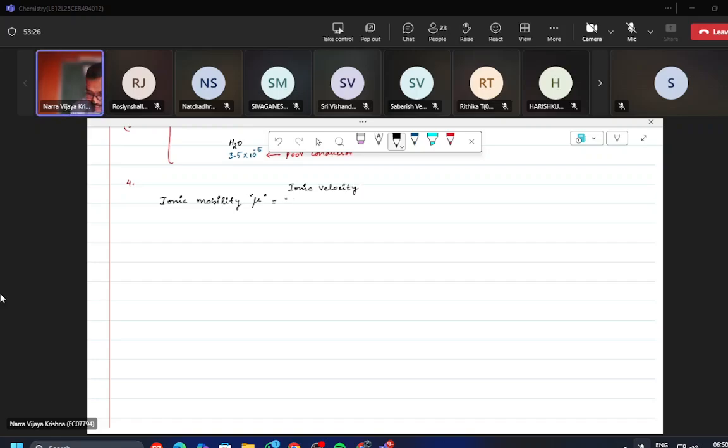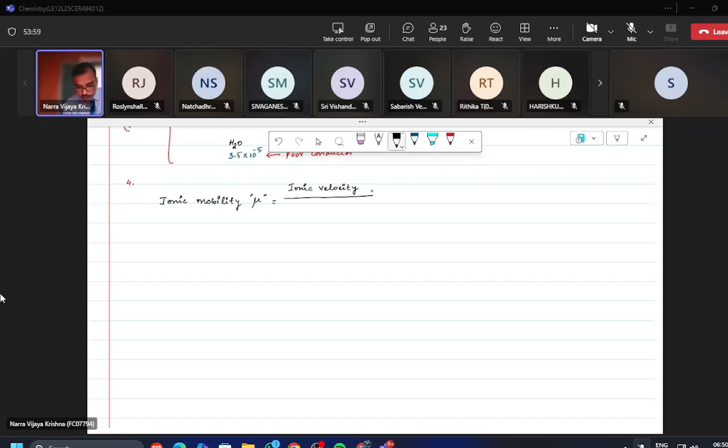potential gradient. What do you mean by potential gradient here? If I have applied one electrode, I kept one electrode at this end by applying some voltage, assume 10 volts. As we move away from that metal rod, what happens to its influence? Decreases, correct? So per unit centimeter, how much is the voltage changing? That is called potential gradient.